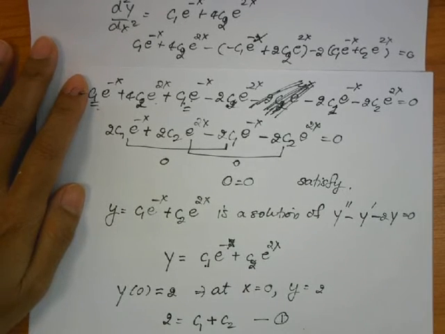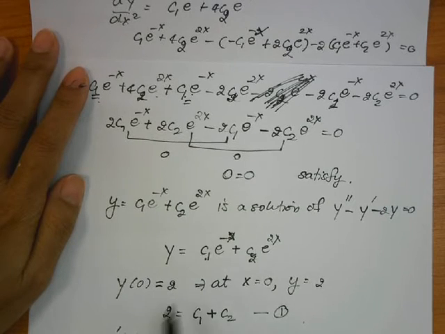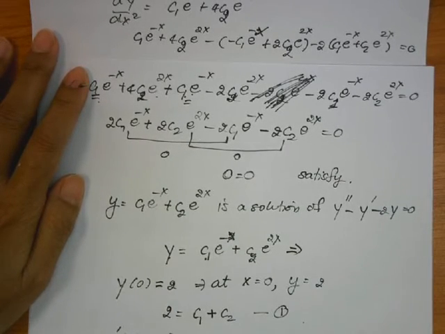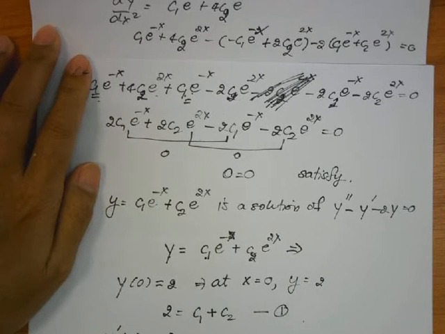And then for our second boundary, it said that the first derivative of y at x equal to 0 is equal to minus 3. You got to do the first derivative of this equation by x, right?